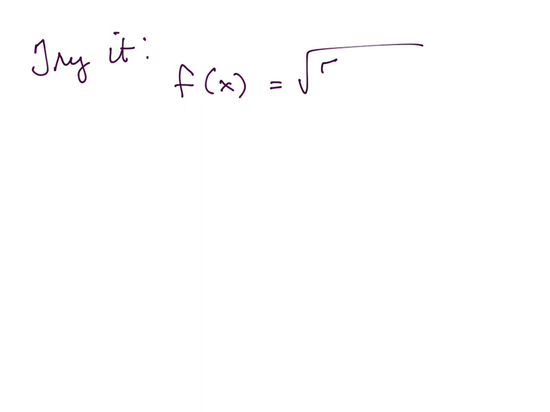So I want to open today by reviewing that, and then by looking at a try it that goes with it. Here's your chance to find the domain of this function: the square root of 5 plus 2x.